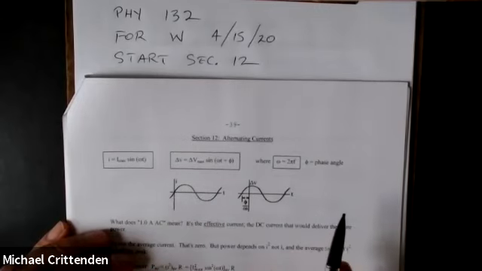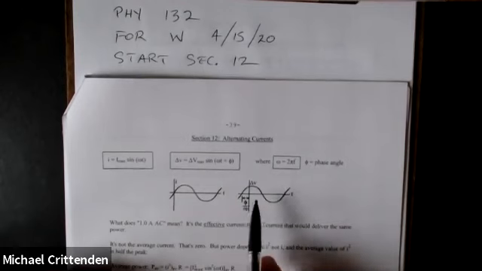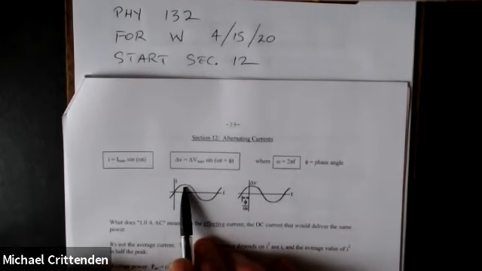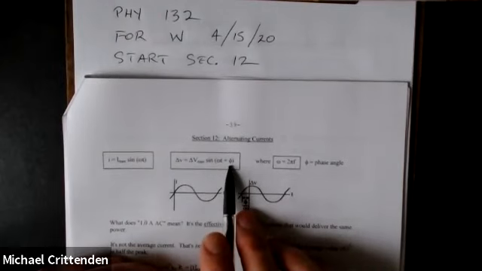As I pointed out at the end of section 11, when I was talking about the LC circuits, the volts and the amps do not necessarily have to be in step with each other. In that particular situation, one was a sine while the other was a cosine. So in general, there could be some phase angle phi anywhere between plus 90 degrees and negative 90 degrees.